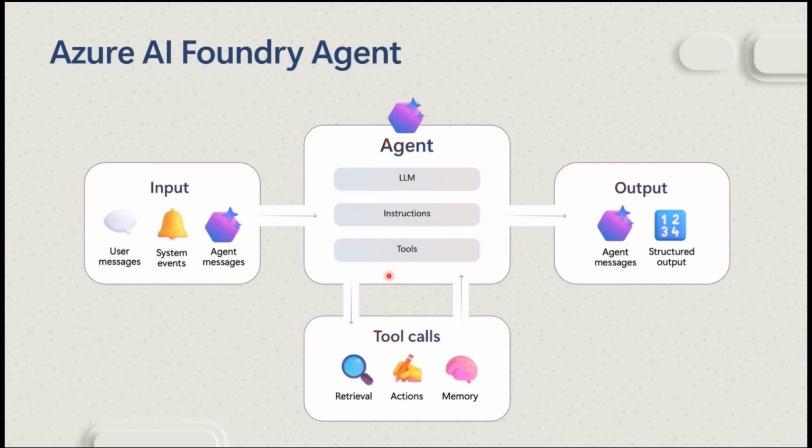These tools let the agent retrieve knowledge or take action. And there's a whole bunch of them right now, and the list has been growing. Once you've provided input, there will be a set of outputs. It can be agent messages or a structured output, if you decide in the set of instructions that you want it to provide structured output.